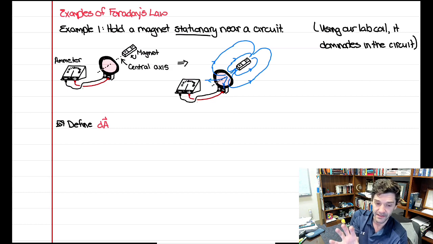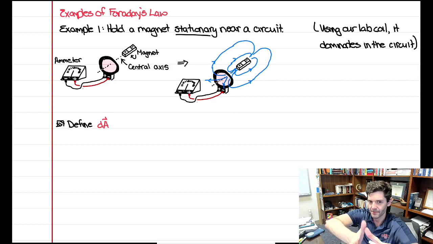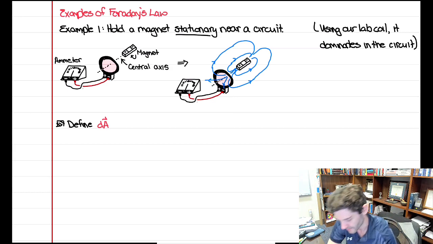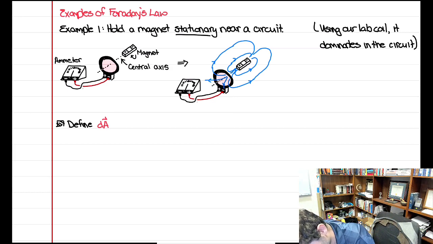And again, what this is doing is defining the positive direction. Since if I look at the magnetic field, the field is going this way through the loop. And I know positive flux results when dA and the field are closer to being parallel. I'm going to define dA to also point in this direction.